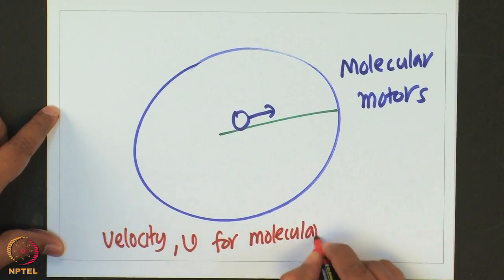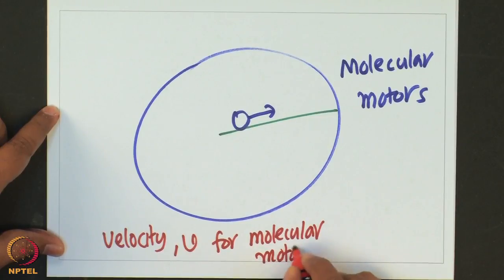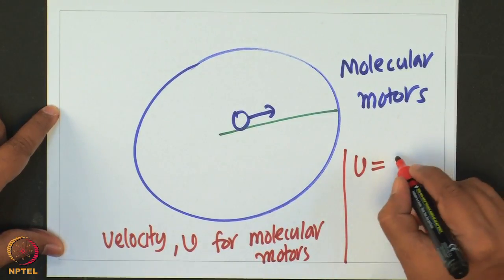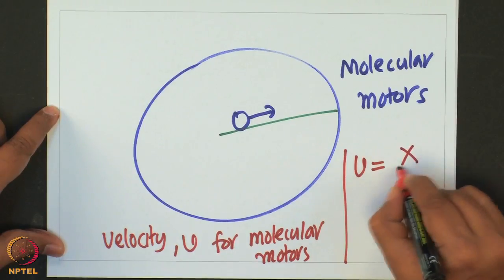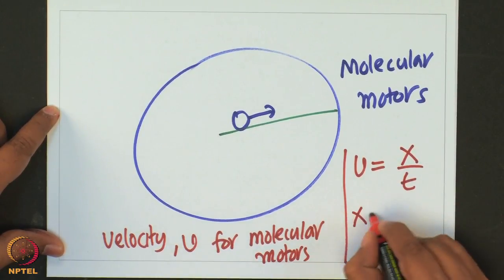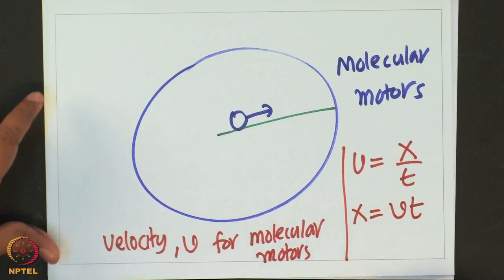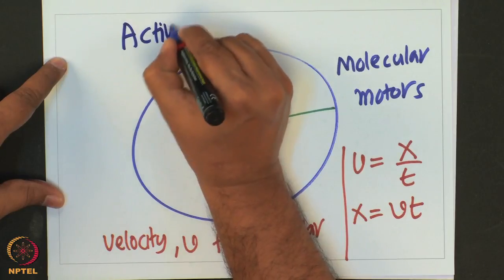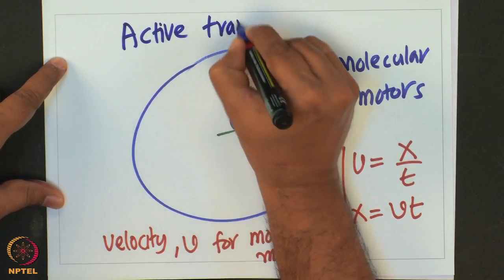Velocity is distance by time, right? It is like x by t. So x is vt. So here, this transport by molecular motors is called active transport.